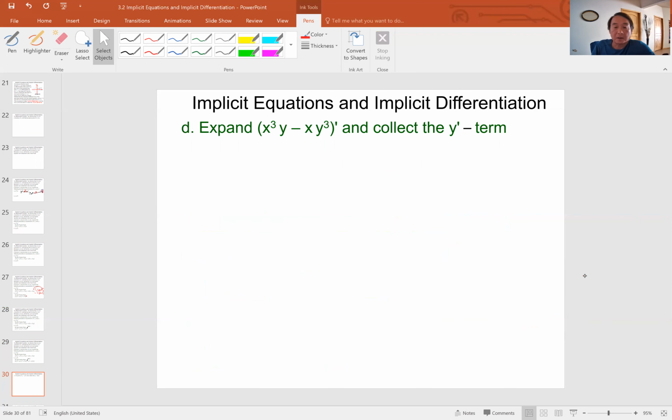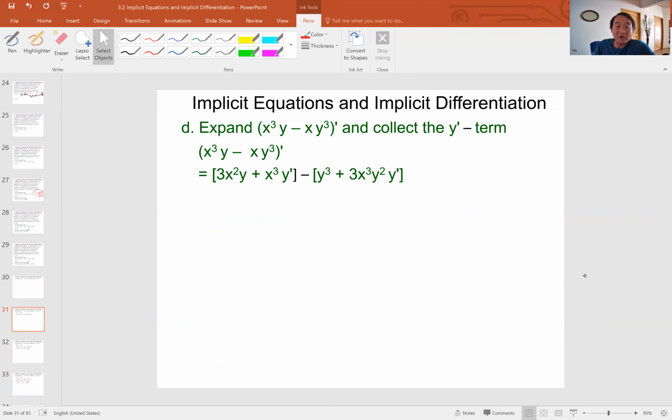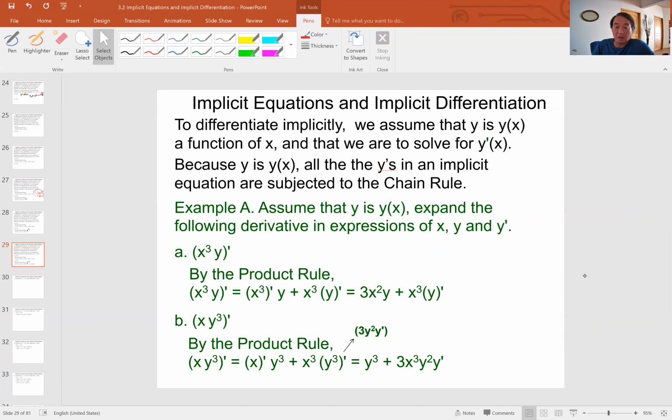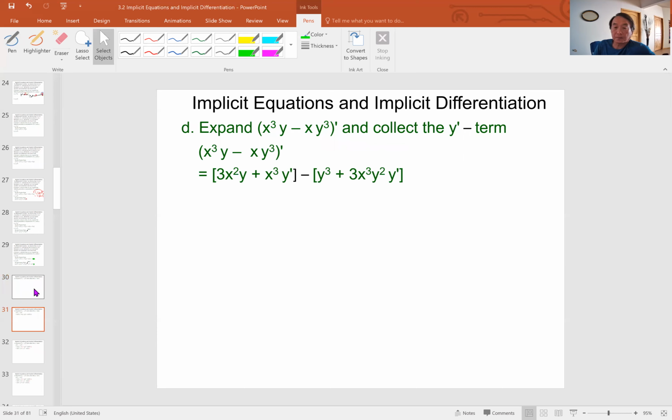Here I put them together. What's the derivative of these expressions? In particular, after you do these, notice that in both expressions there's a y prime in there, so I can collect everything with y prime for the algebra.